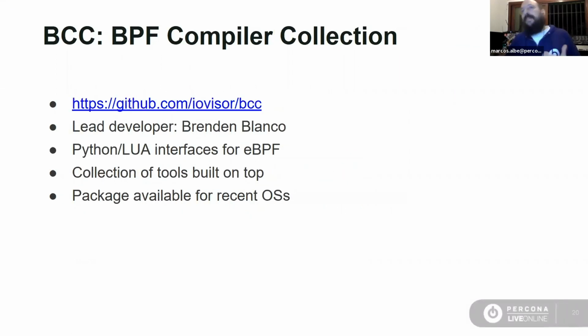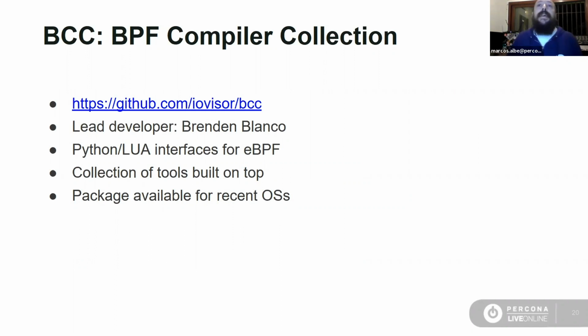BCC is the BPF Compiler Collection. This is a front-end, a collection of scripts based on eBPF, and it has many ready-to-use scripts. We're going to be looking at some of them. I strongly recommend visiting their GitHub repo and checking their examples in the tools.